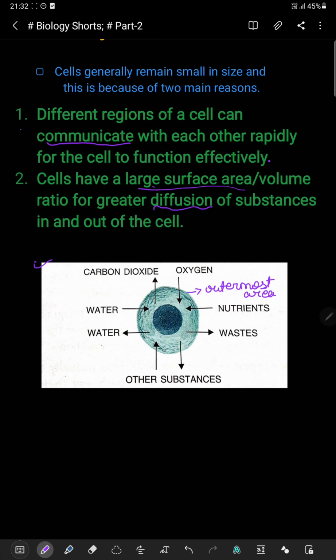As I have told you, cells exchange nutrients with each other. So this surface area, this part, is the outermost part of the surface area.